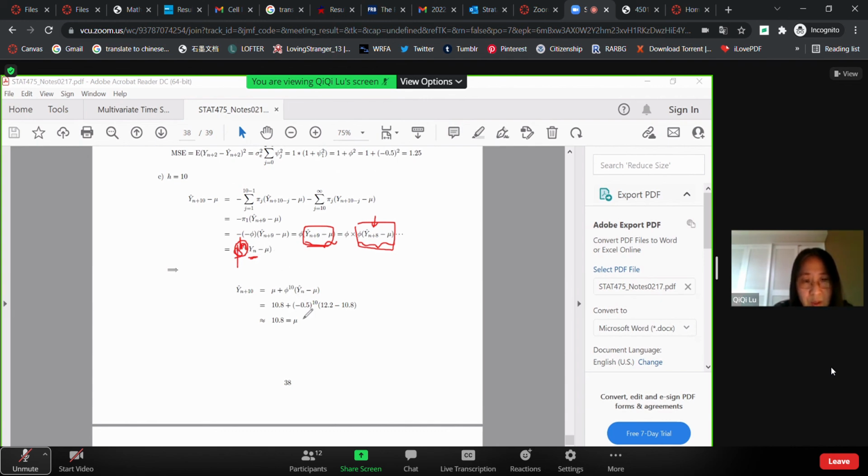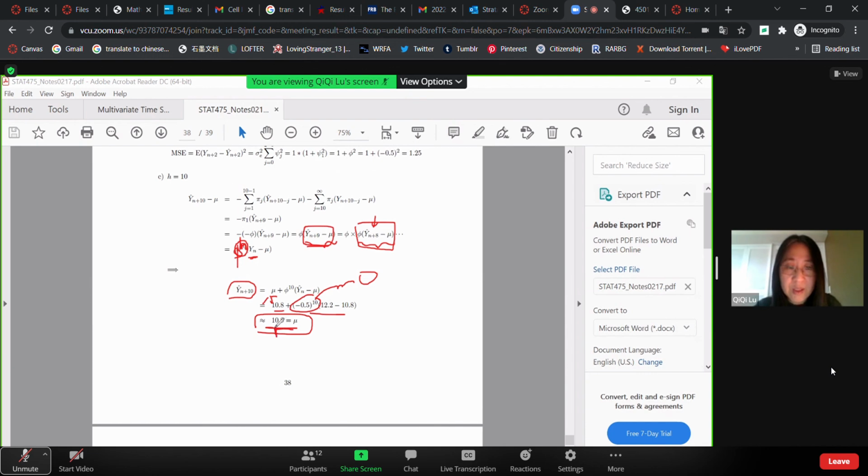Okay, so mu is 10.8 and 0.5 power 10 is almost 0, right? So the second term is just about 0. Now you see if you do a 10 step ahead forecast, the forecast value is close to the process mean.